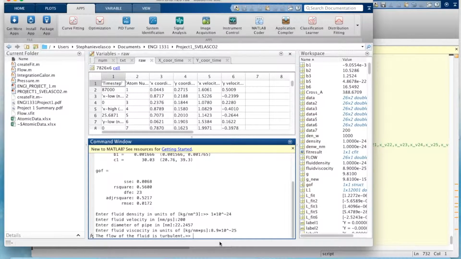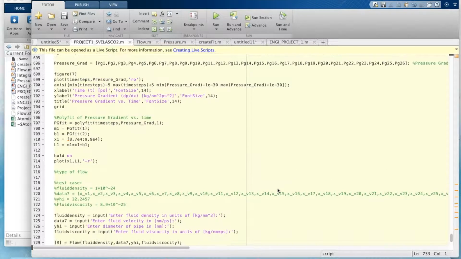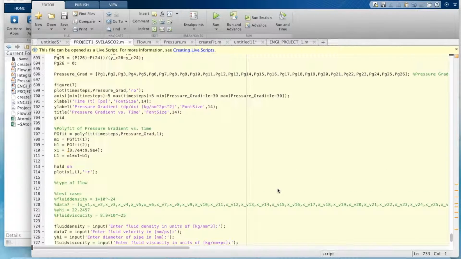So for our code, we ran into some limitations. The atomic data that was provided to us are in nanometers and in nanometers per picosecond. So we had to create a code that would return data in nanometers for coordinates or nanometers per picosecond for velocities.